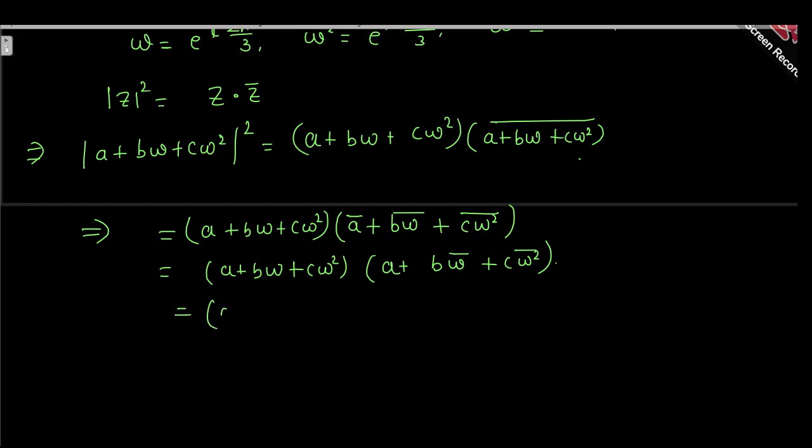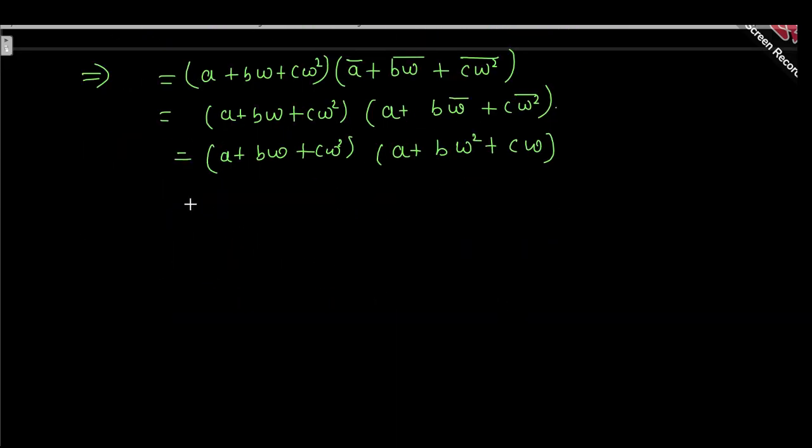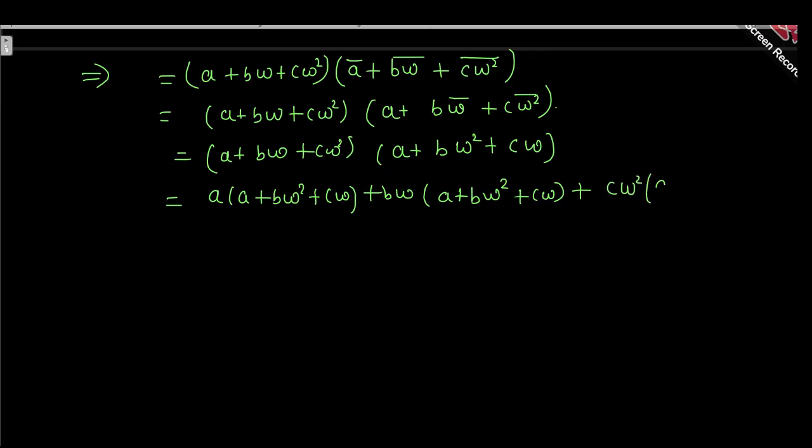Now we can write this as a plus b omega plus c omega square, times a plus, the conjugate of omega is omega square, and the conjugate of omega square is omega. Now after multiplying these two quantities, we have a plus b omega square plus c omega, plus b omega times a plus b omega square plus c omega, plus c omega square times a plus b omega square plus c omega.